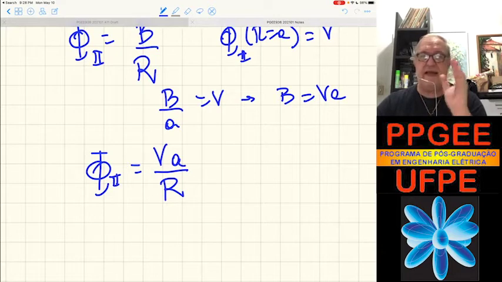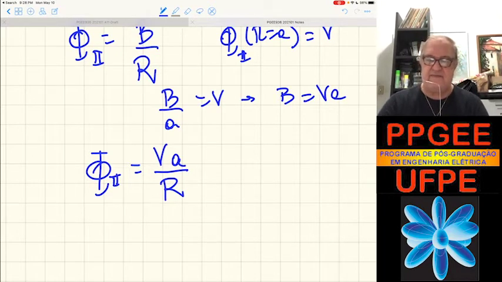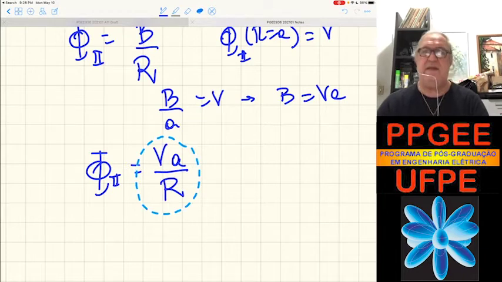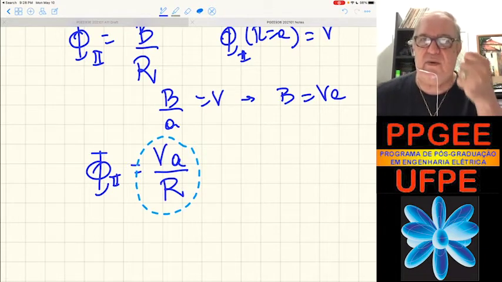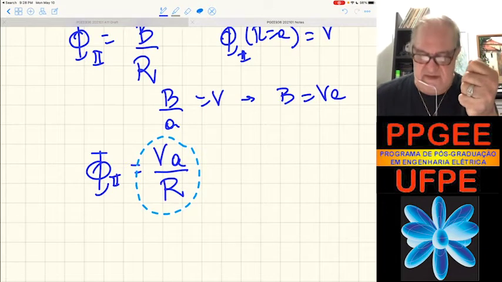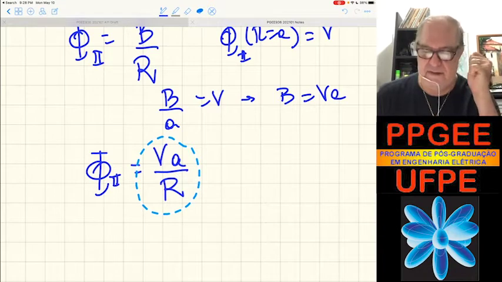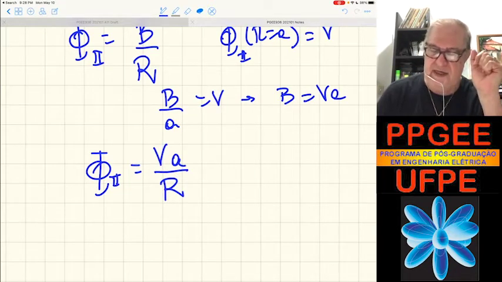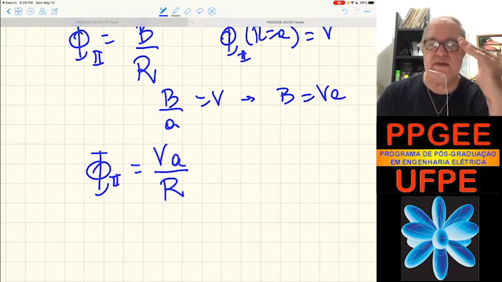This electrical activity doesn't depend on the charge inside. You see that this function here only depends on the value that I impose for the potential on the surface, which is V, right? You can calculate the charge on the outer surface.